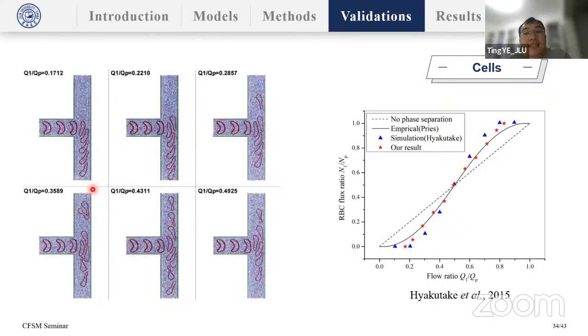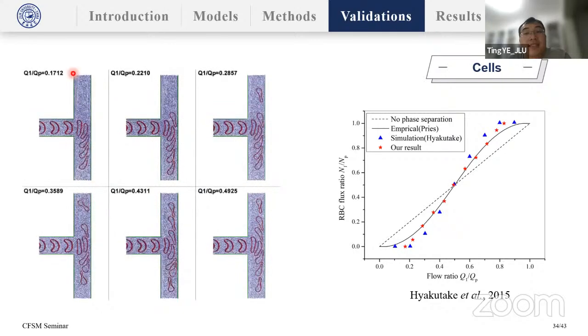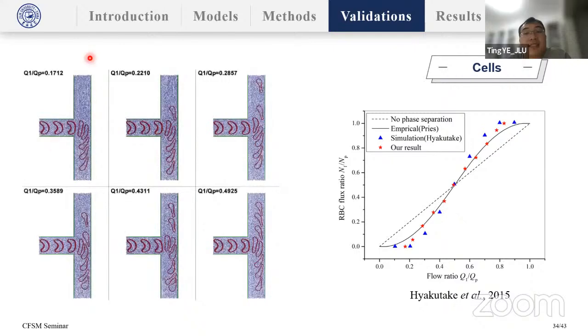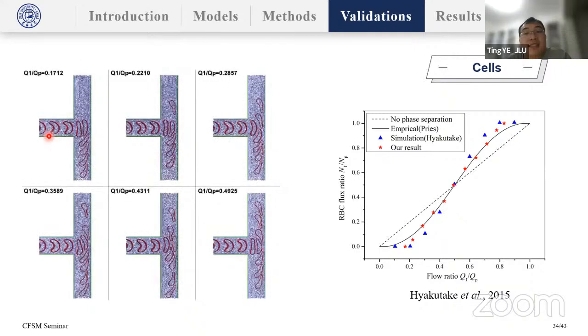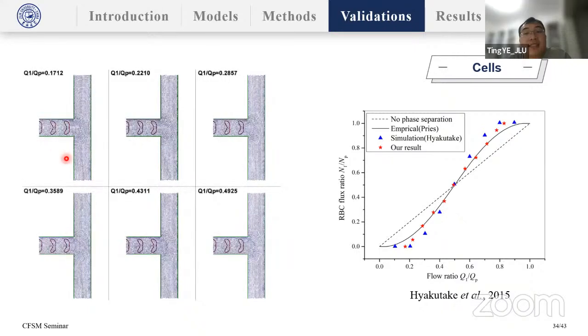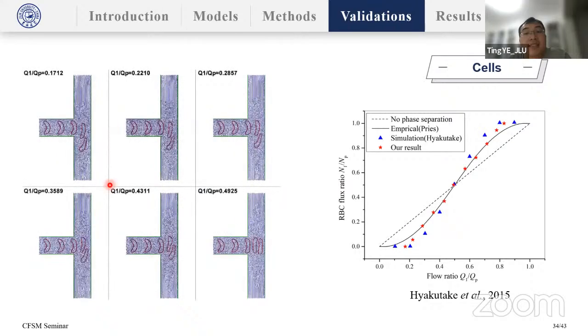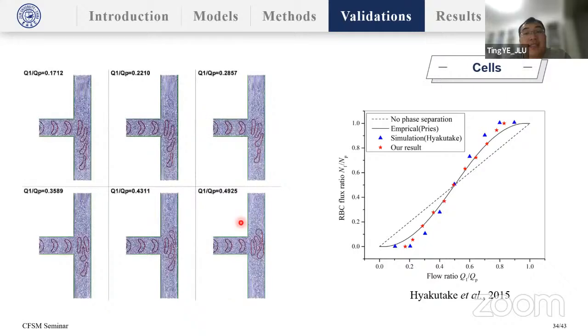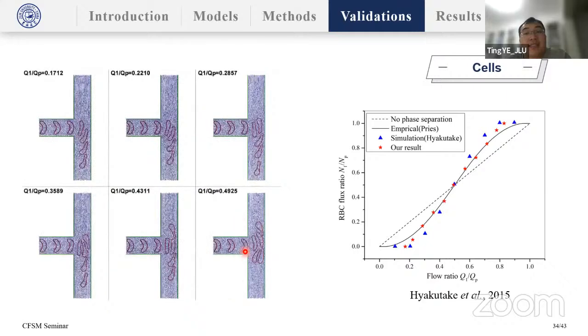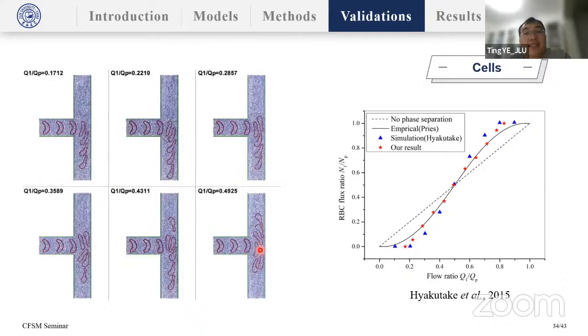The flow ratio is defined as Q1 over QP, and the cell number ratio is defined as N1 over NP. And we can find the ratio of cell number increases as the flow ratio is increased. When Q1 over QP equals 0.5, the number ratio is also about 0.5.